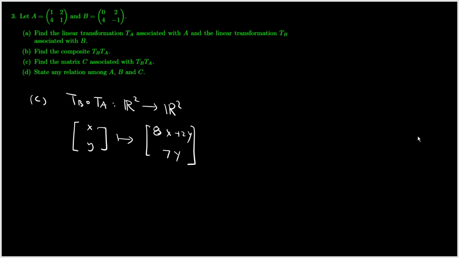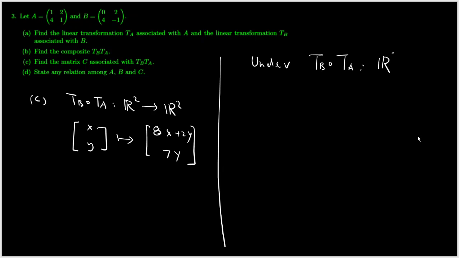To get that, you need to get the outputs for i and j, the standard basis vectors in R2. Okay. So maybe we have plenty of room. So maybe under the composite, we want the outputs for i and j, for 1 0 and 0 1, right?